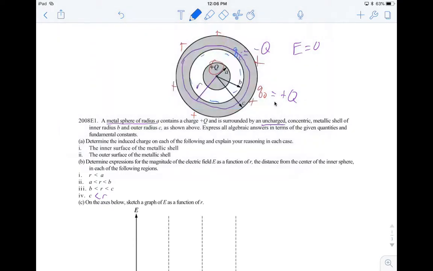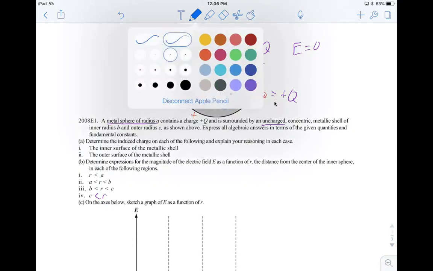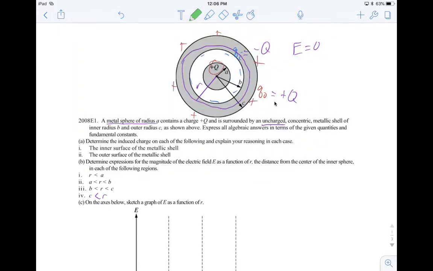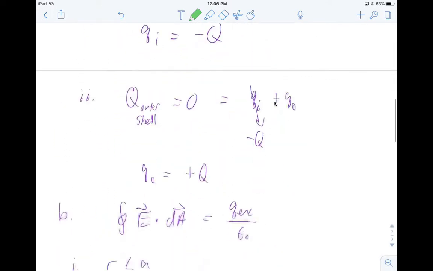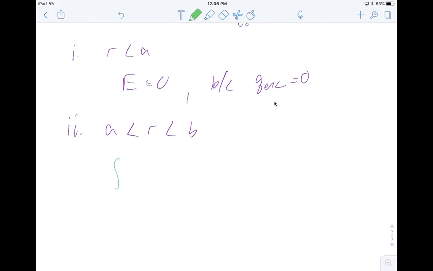If I pick a Gaussian surface, I want it to have a radius of R that's in between A and B. So there it is, and I'm going to do closed integral E dot dA equals Q enclosed over epsilon naught. How much charge is enclosed? Just Q.